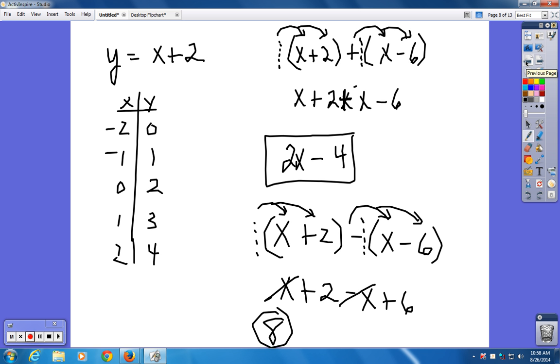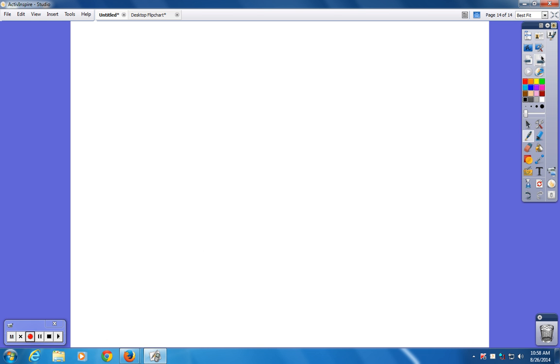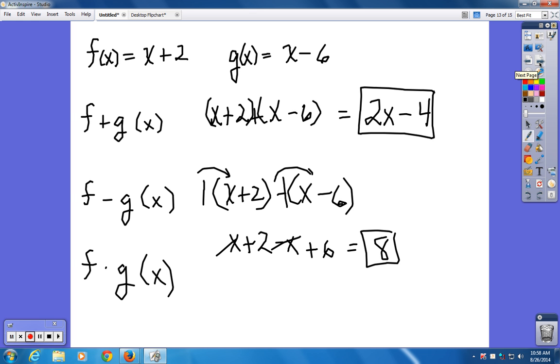And then they say, well, we want f times g of x. Well, that's x plus 2 times x minus 6. And what do we use now? FOIL, which would be x squared minus 4x minus 12.